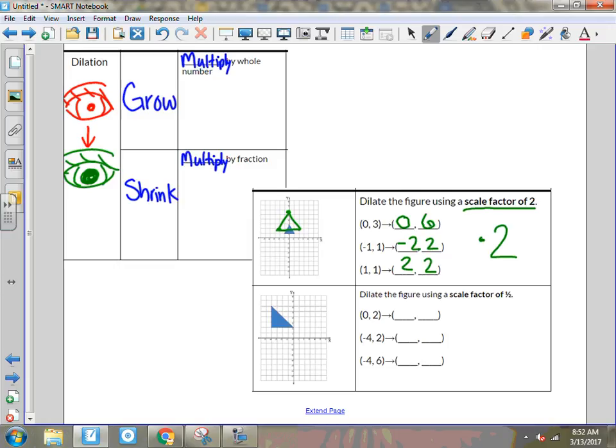Now, if our scale factor was 1/2, that means that I'm multiplying every single number by 1/2 or 0.5. Remember, 0 times 1/2 is still going to be 0, but 2 times 1/2 is going to be 1. So you can see that it's going to be 0, 1. I know that those graphs are really small, but just do your best. -4 times 1/2 is a -2, 1.